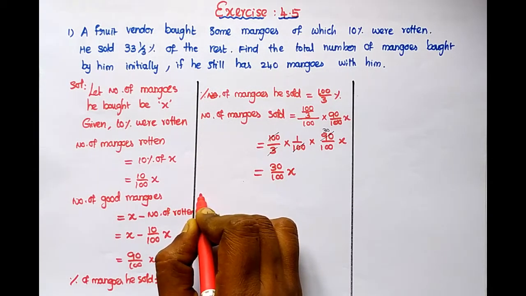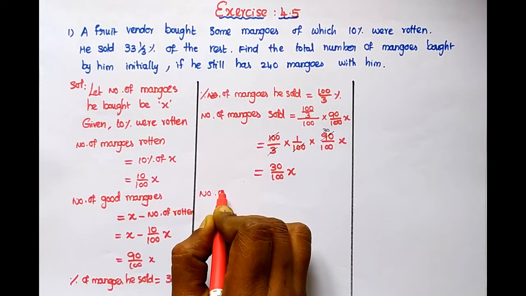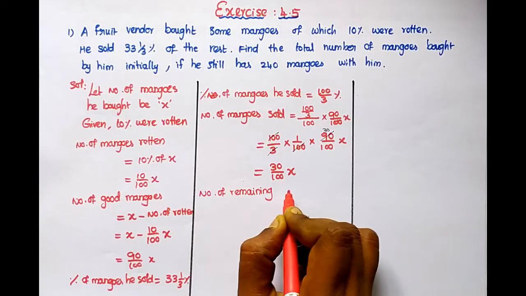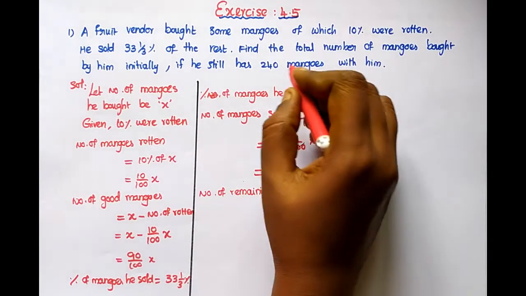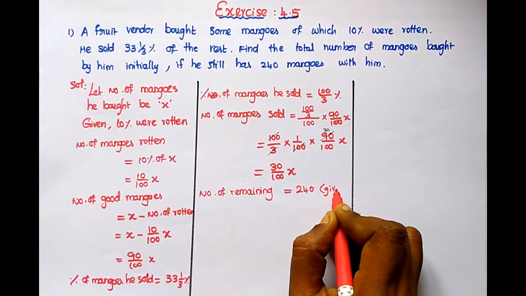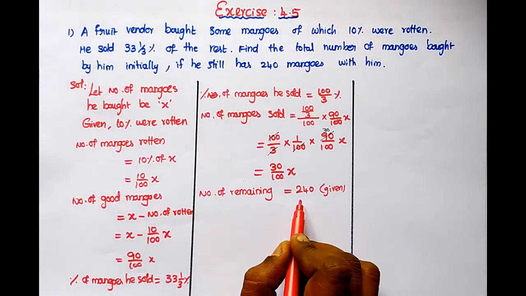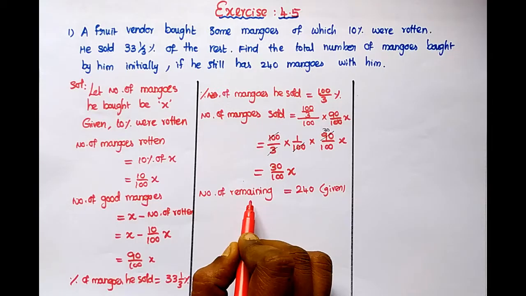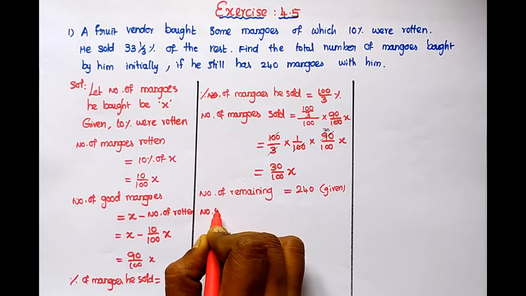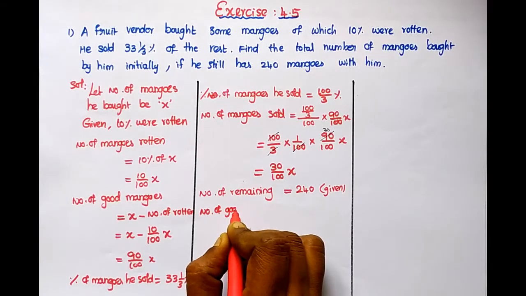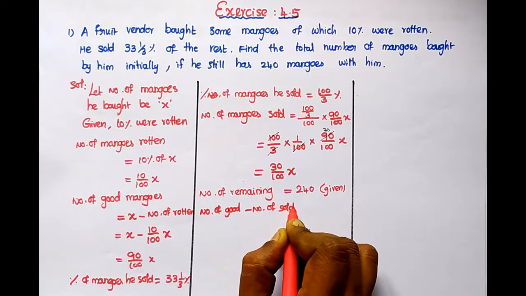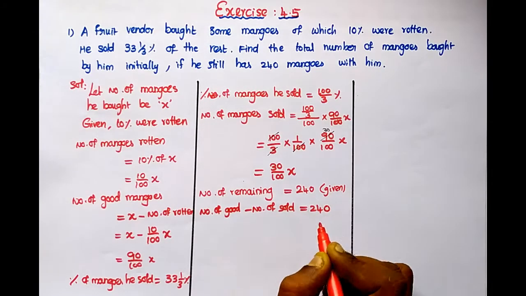Now, they given remaining number of mangoes is how much? 240, that is given. The number of remaining means what is that? Number of good minus number of sold. So, number of good minus number of sold equal to 240.